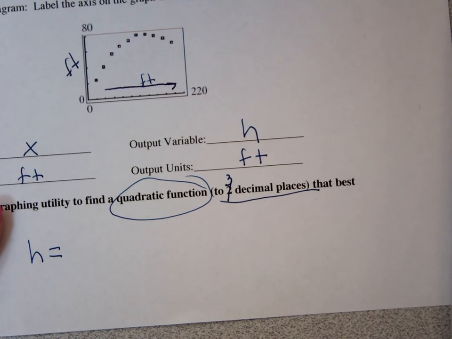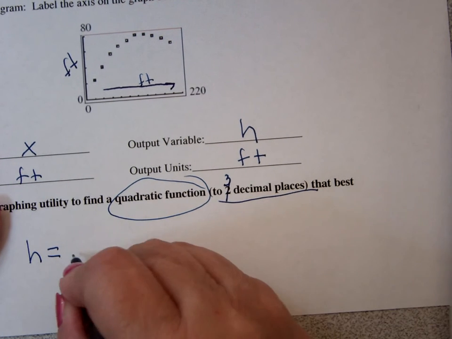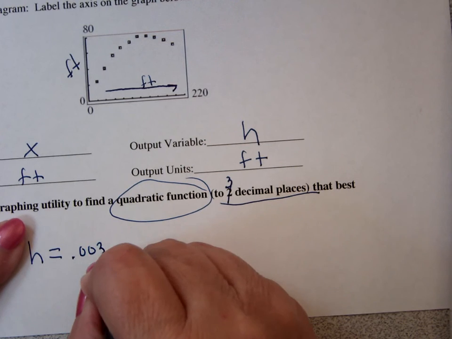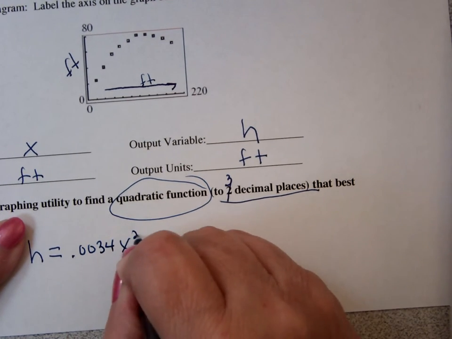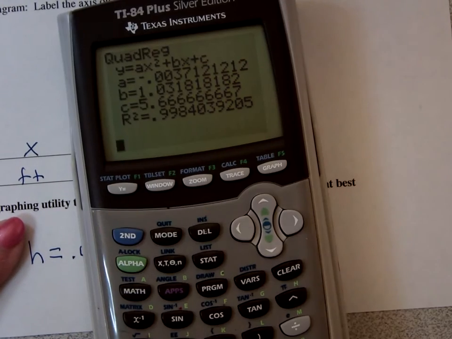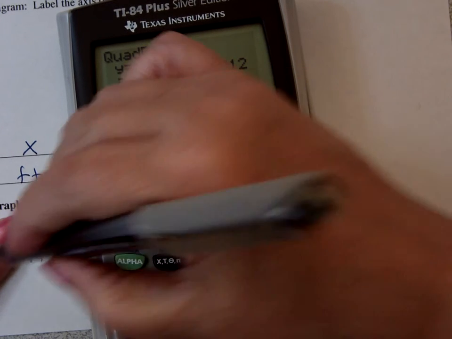Now, a is negative 0.0037, blah, blah, blah, but 0.0034. That's what I got, negative.